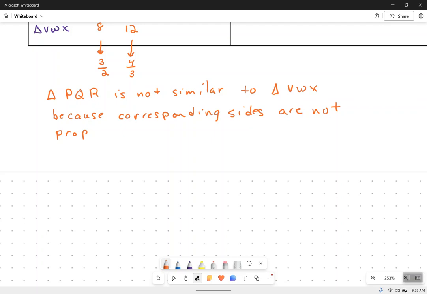Yeah, we got two different fractions, or two different ratios. I can't even spell today. Proportional. PQR is not similar to VWX because corresponding sides are not proportional.